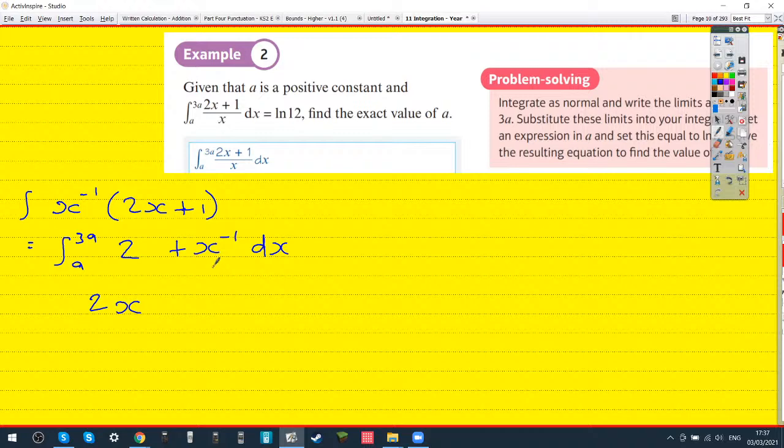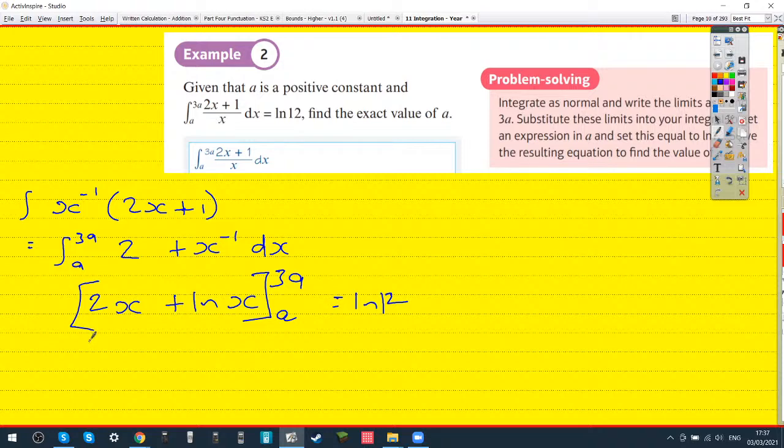But obviously the derivative of 1 isn't x to the minus 1. It has a special integral. Ln x. Yep. Is equal to ln 12. Then, I'm not sure what you would do next.